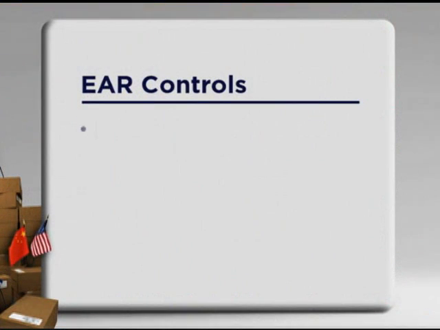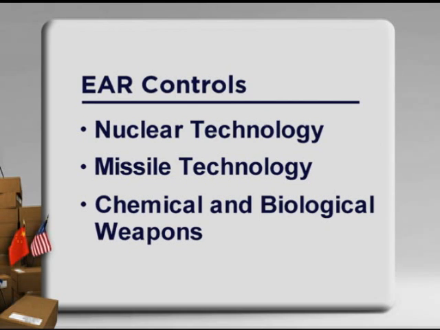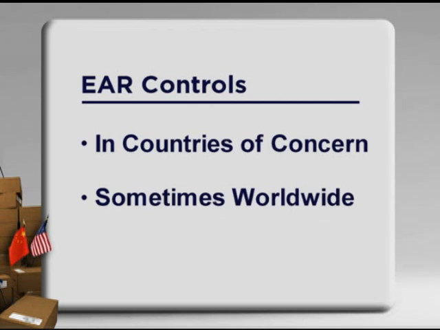I know who my customer is, and they're in the printing business. What should I look for? Well, the EAR contains end user and end use controls that are related to nuclear, missile technology, and chemical and biological weapons in countries of concern, or in some cases, worldwide.